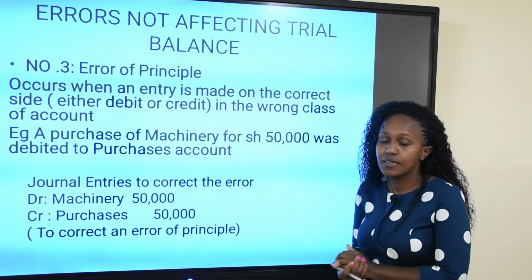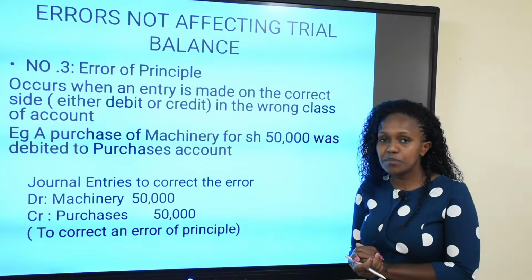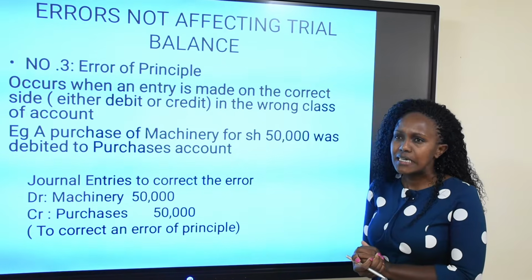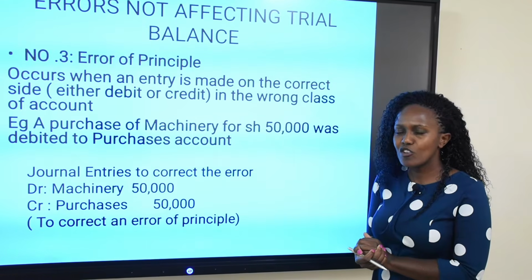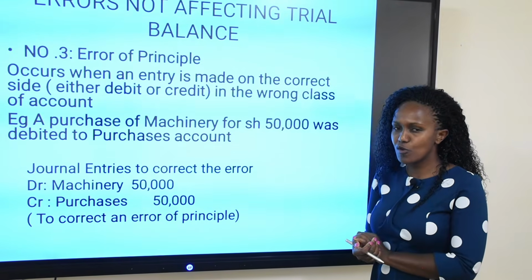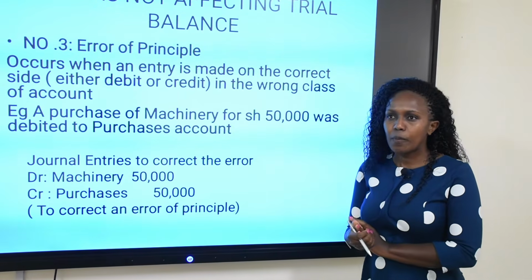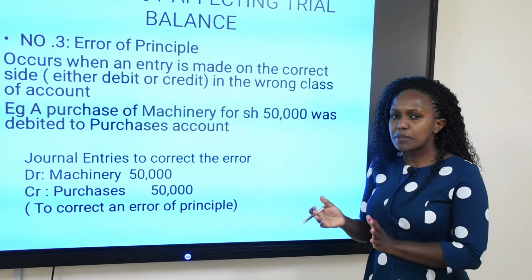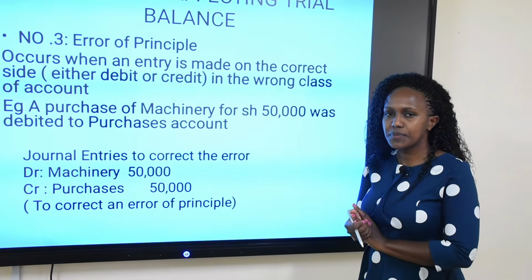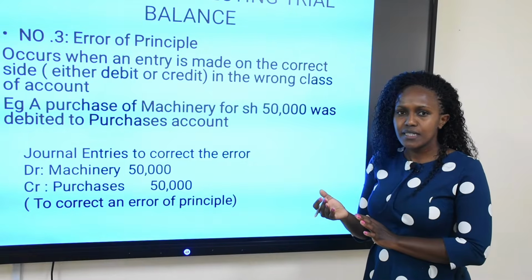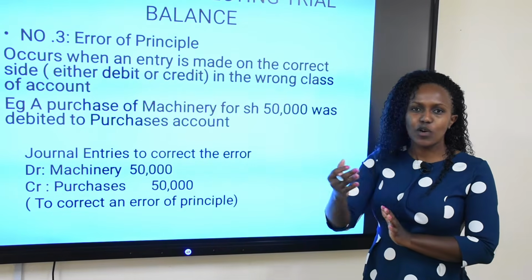The next one is error of principle. Now, an error of principle results from contradicting the principles of accounting. It results from lack of knowledge of the principles of accounting, where you classify maybe an expense as an asset or an asset as an expense.